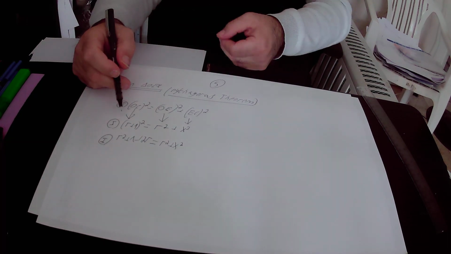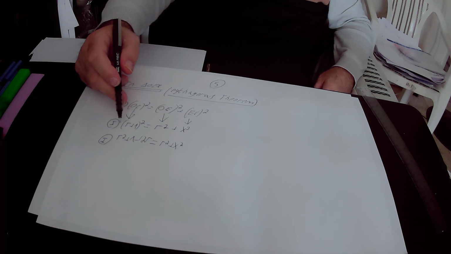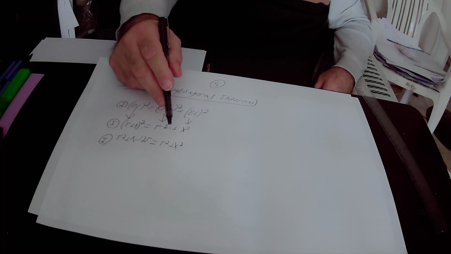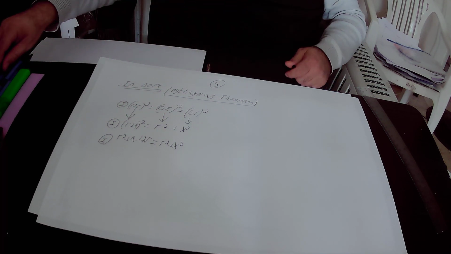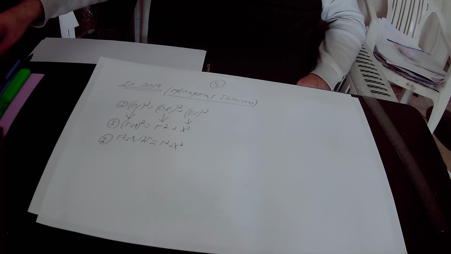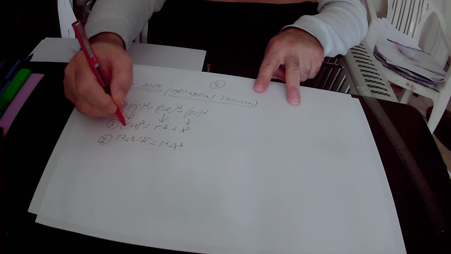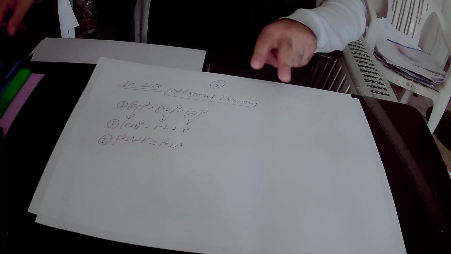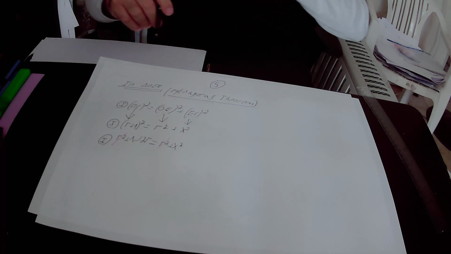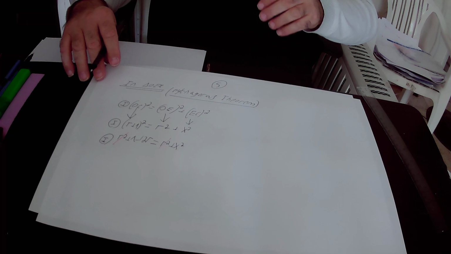So after we opened the brackets, we got this expression: R square plus 1 plus 2R equals R square plus X square. Here we will subtract R square from equation number 1, so R square will get cancelled. And what is left from equation number 1 after we cancelled R square?